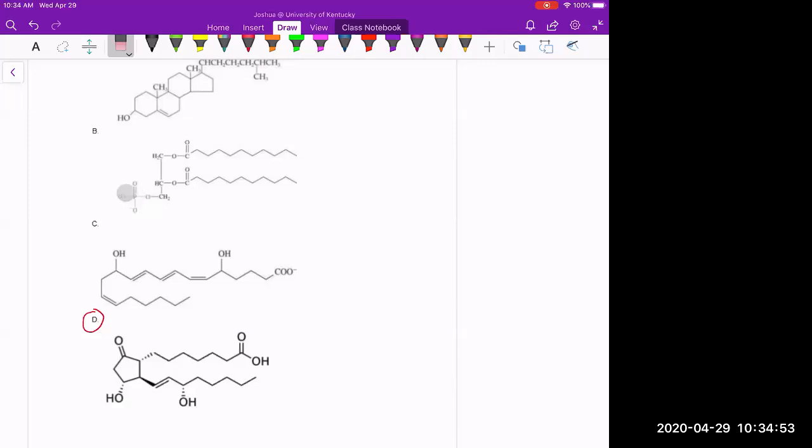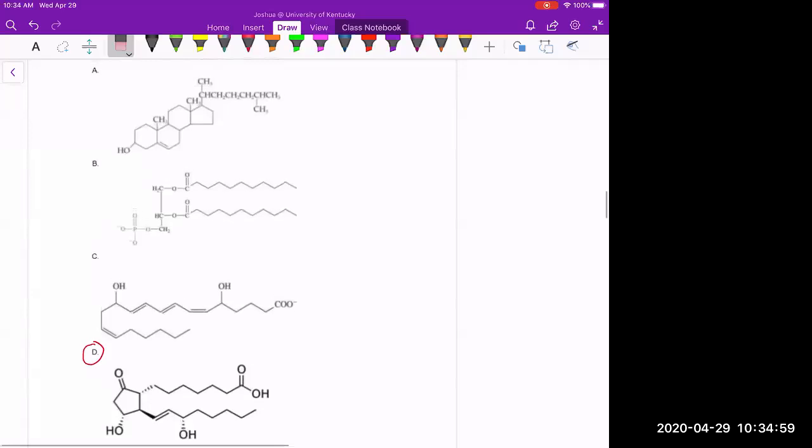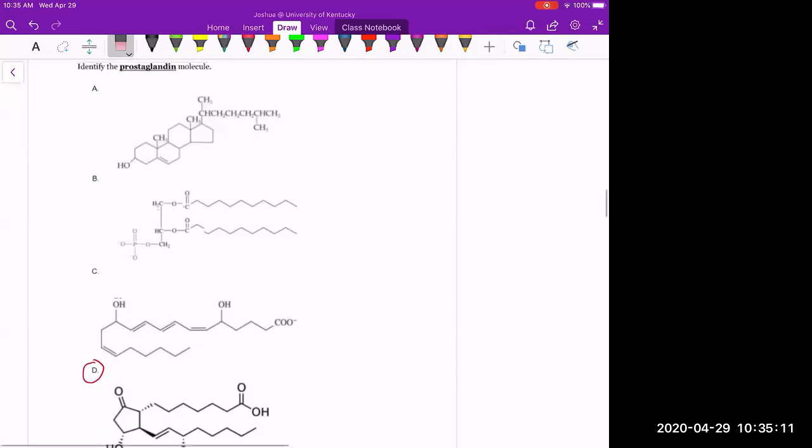This is a phospholipid, with a phosphate group in it. And this is cholesterol specifically, with that steroid or sterol ring, indicative of steroids or cholesterol. So D is a prostaglandin.